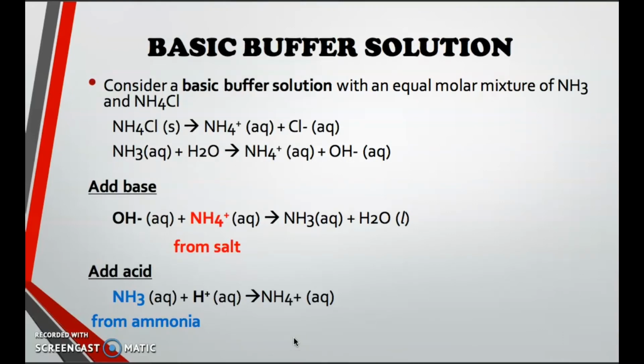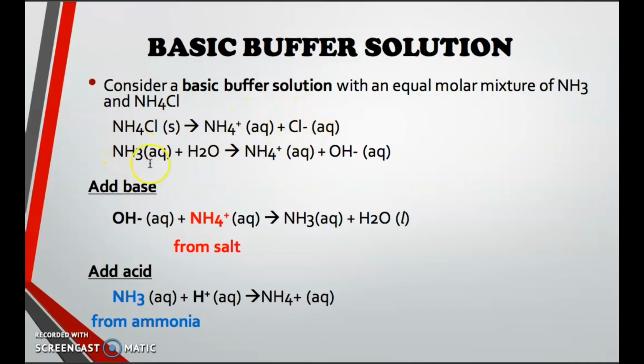Basic buffer solution. Consider a basic buffer solution with an equal molar mixture of ammonia and ammonium chloride. So this is the ammonium chloride and this is the ammonia. The ammonium chloride will produce the ammonium ion and chloride ion.